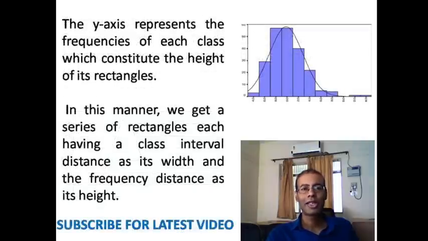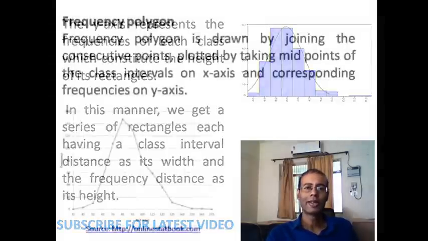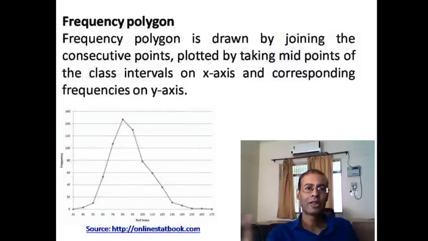Here, in the case of histogram, we just join the midpoints of each bar to make this frequency polygon.